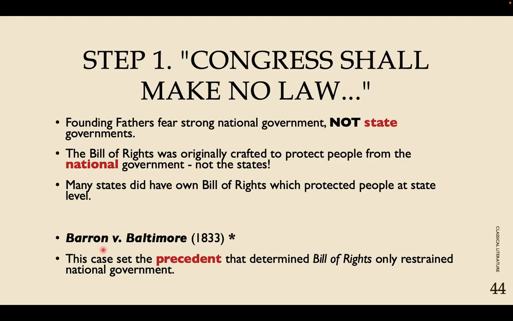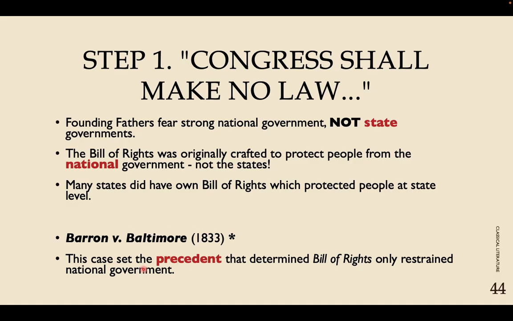So we'll look at this Barron v. Baltimore case in 1833. This is an important case because it sets the precedent that the Bill of Rights only restrained the national government. In this case, Baltimore does a program where they build one of the first highways, essentially a publicly owned street that cuts across the state to make travel and commerce easier.